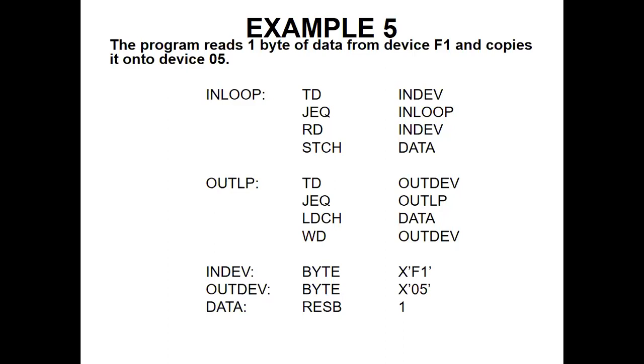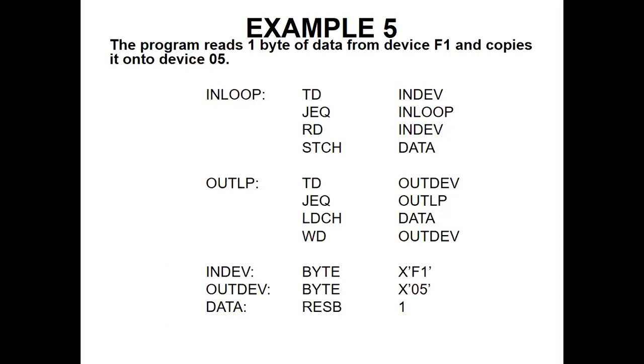And you remember we said that when you read one character at a time, that character which you read is put into the accumulator. The accumulator is 3 bytes, you remember, but when you read, the data you read goes into the rightmost byte, the byte which is on the right.